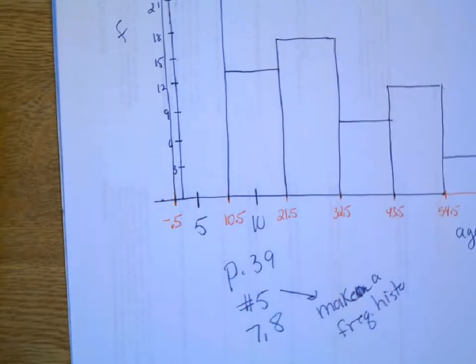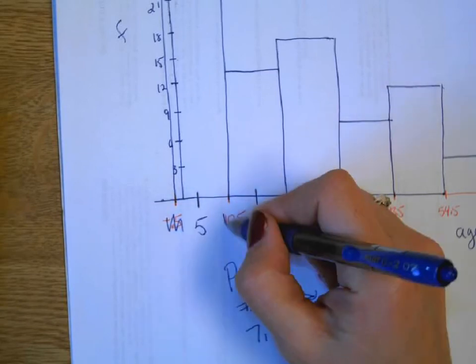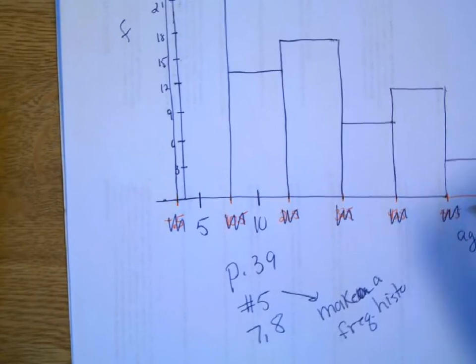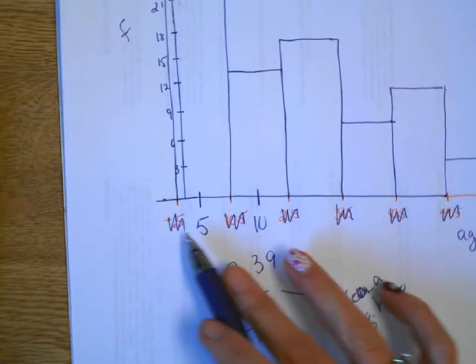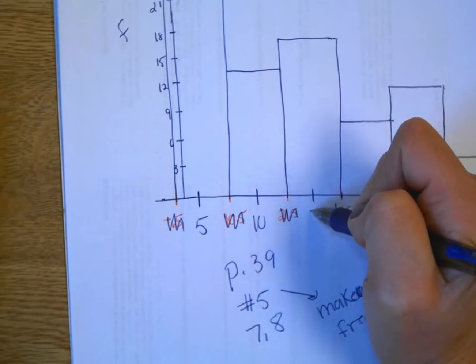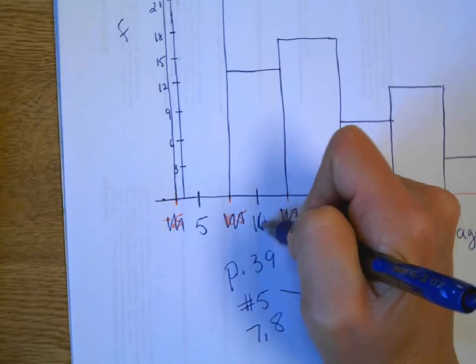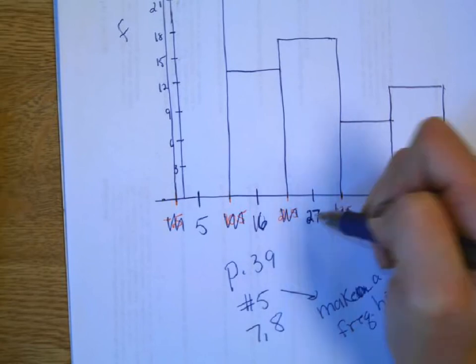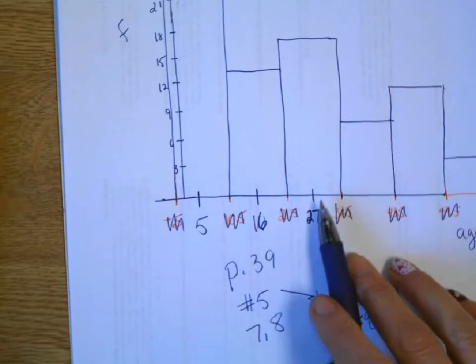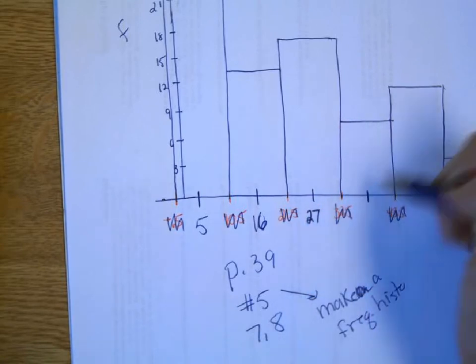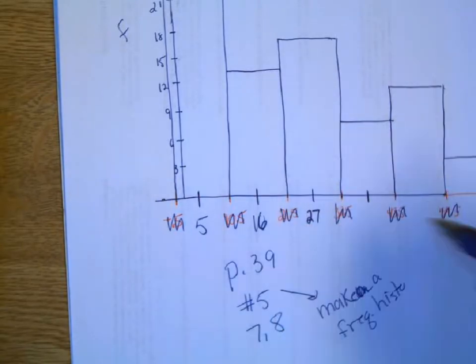It would be the exact same graph, except these red numbers would be gone, and the midpoints would be listed. That's the only difference. Do we make that the midpoint of the bar? The midpoint of the class is the midpoint of the bar. Yes.